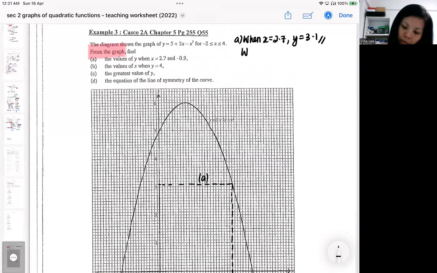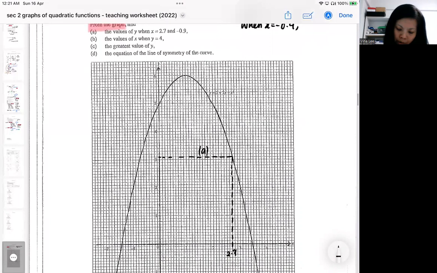Okay, then we need to read from x equal to minus 0.9. So go and find out where your minus 0.9 is. Some people can read wrongly. Sometimes with positive and negative, you can read wrongly.